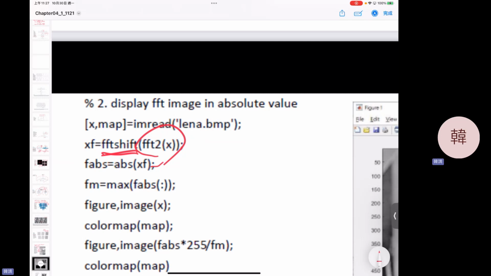There's an FFT shift. I will show the mathematics later. Actually, it tries to shift your spectrum. Originally, you change to your frequency domain. This is the low frequency part.